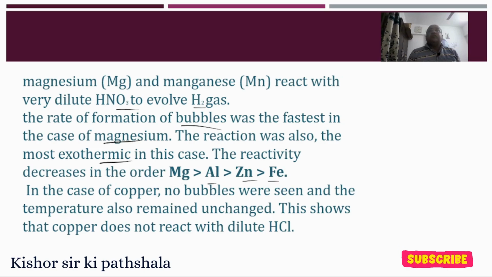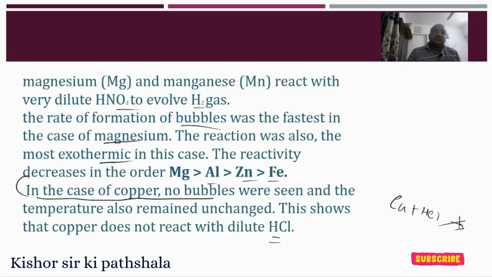In case of copper, when I put it in HCl, no bubbles were seen and the temperature also remained unchanged. This shows that copper doesn't react with dilute hydrochloric acid.